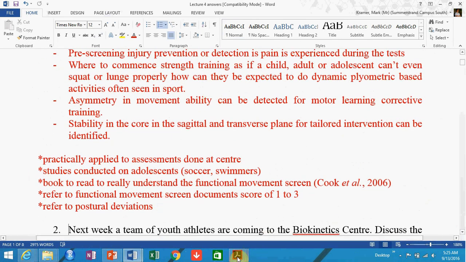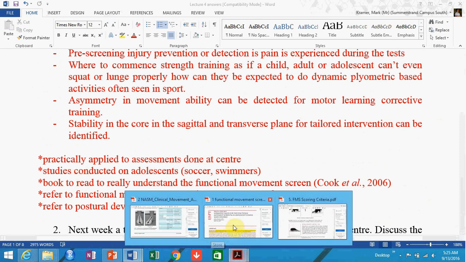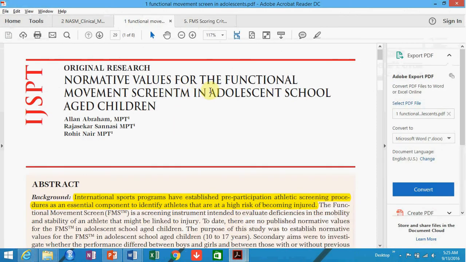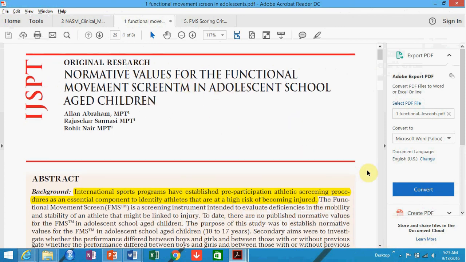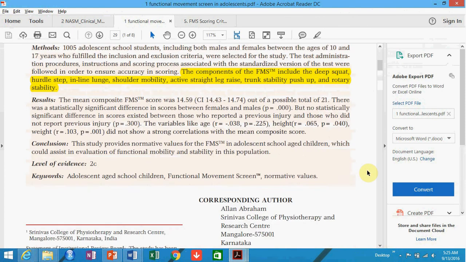So just quickly to have a look, studies that have been conducted on adolescents. Those of you can go read up more. Normative values for the functional movement screen in adolescent school-age children. So we have read this together, and I've highlighted some of the document's main points.